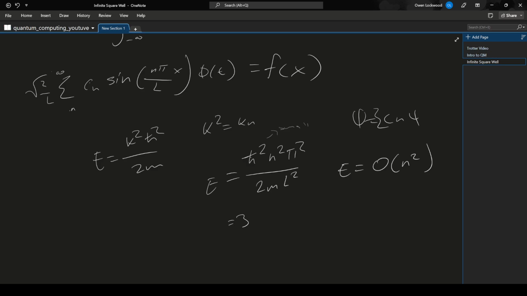After that, we'll probably do the free potential, which is V of x equals 0, free particle, and then maybe finite square well. And then after that, that should all be probably one video. Harmonic oscillator. Let's see what's next.